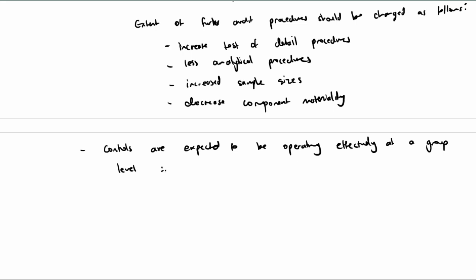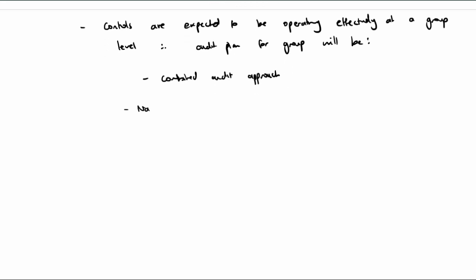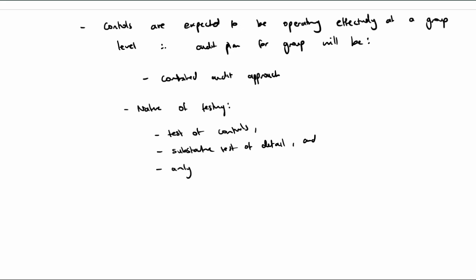Therefore, the audit plan for the group will be a combined audit approach, which means I will be doing, in the nature of my testing, test of controls, and substantive test of detail and analytical procedures.